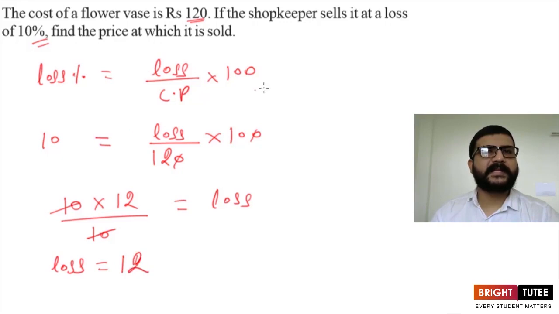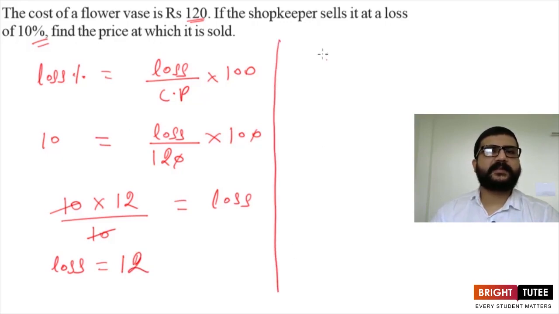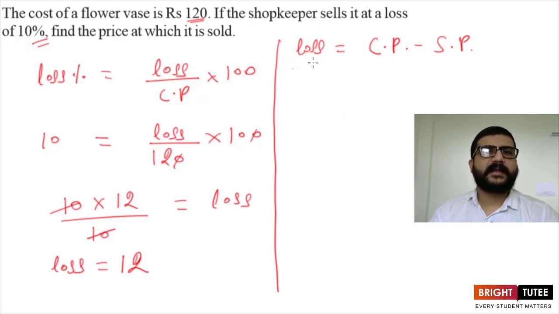Now how can we find selling price? As we know, loss is equal to cost price minus selling price, and here we know loss and CP. Let's find SP from here. Loss is 12 and this is equal to CP, which is 120, minus SP.